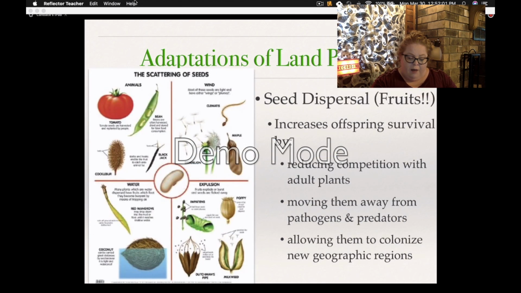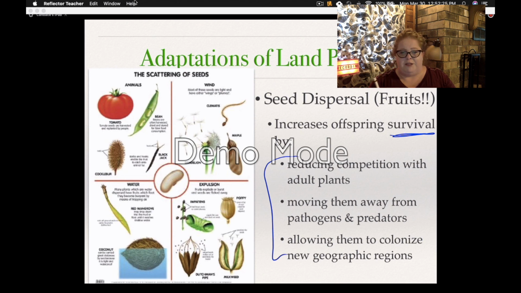Now let's talk about dispersal of seeds. The biggest advantage to having those seeds and that protection is that it allows the seeds to move away from the parent plant. That increases the survivability of the offspring plants in these ways.